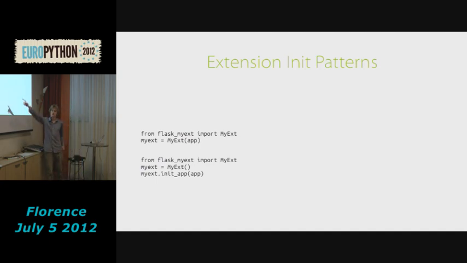So the first one says, I make an extension, and it's for this application. In the second case, I make an extension which I can later use with an arbitrary number of applications. The first one is intended to always be used by this particular application only, and you will not be able to use it with any other application. In the second case, I can add as many applications to the extension as I want.